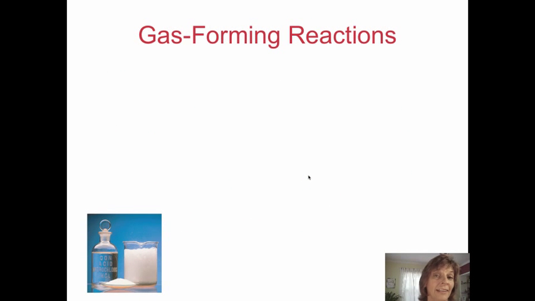Okay, finally, a complication that comes up quite often is that some products of metathesis reactions aren't very stable and they decompose, often into a gas.